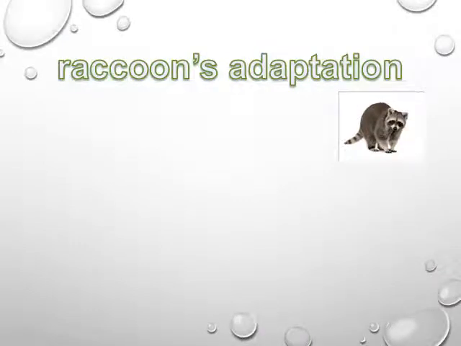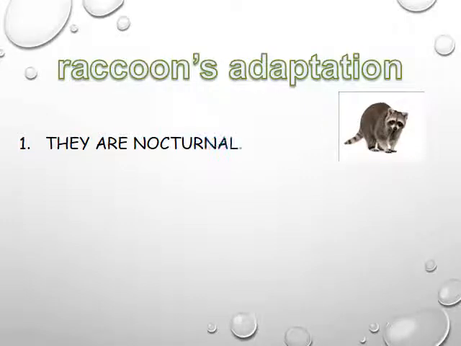So the raccoon has specific features that help it live in the deciduous forest, as I said. The first thing is that raccoons are nocturnal animals, so they are active at night. They move around and find their food, and they move to their shelters at night.